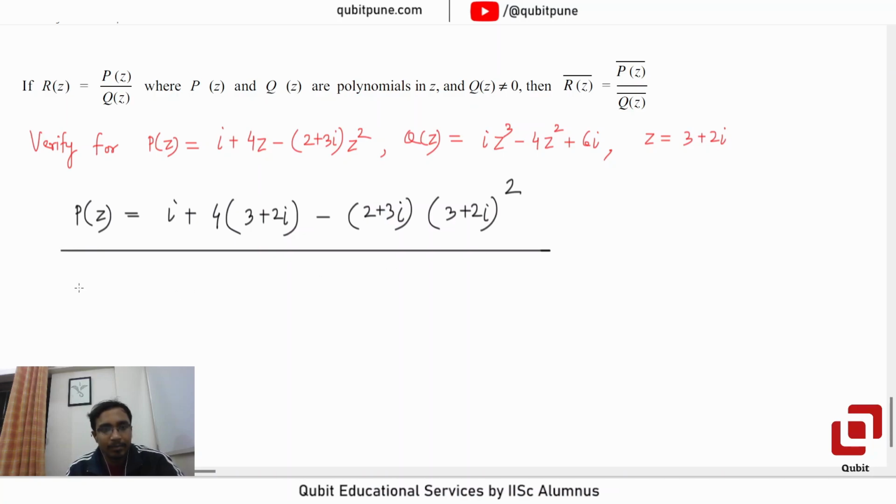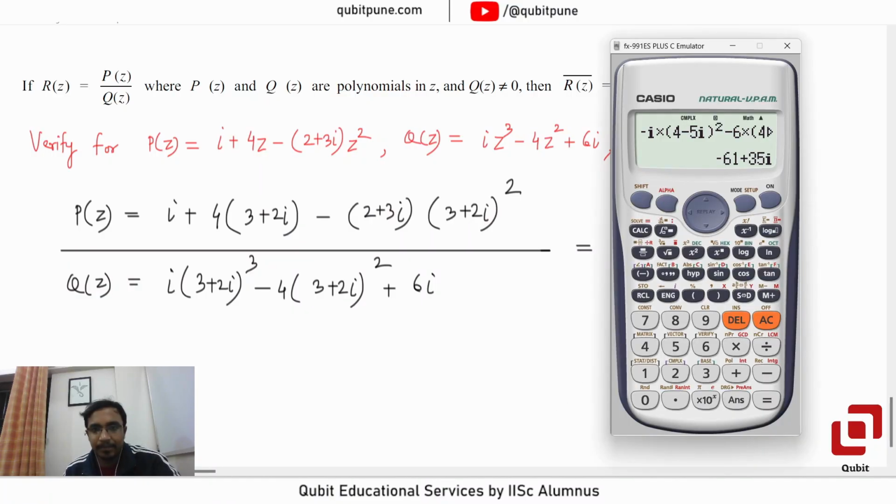Q of Z will be i Z cubed, that is i into 3 plus 2i cubed minus 4 into 3 plus 2i squared plus 6i. Okay, let's find this. I hope this calculator can handle this.